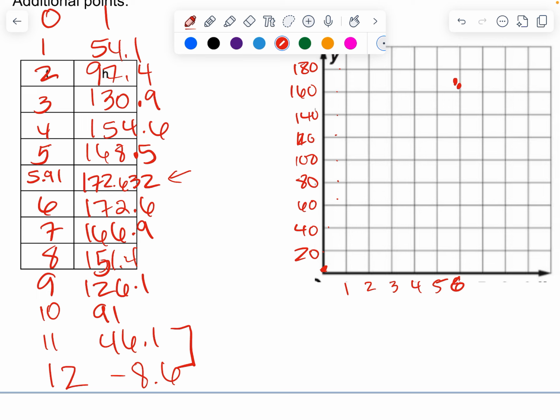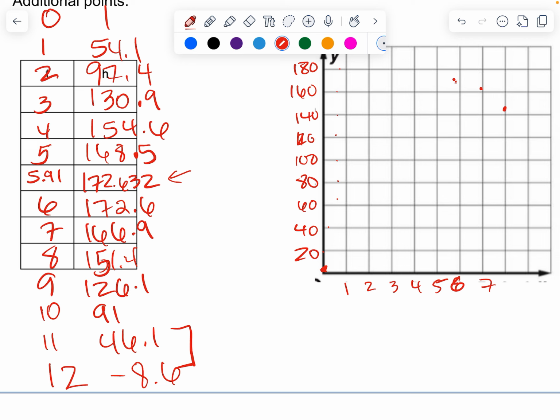7 is 160. Oh, no. A little bit higher here. 160. 7 is 166.9. 8 is 151.